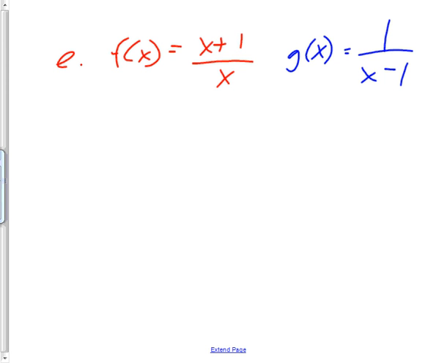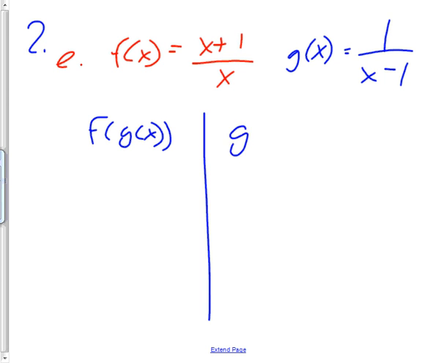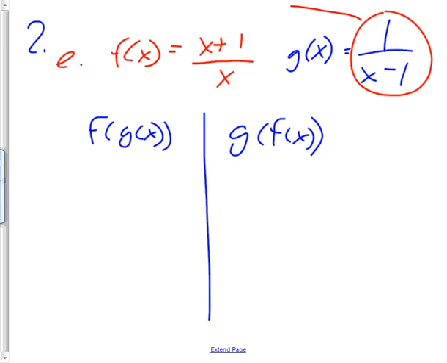Anyway, I'm helping you with E. f of g of x. This is 2e. f of g of x, I got to do that, and then I got to do g of f of x. And g goes into the f function, so this needs to go into this in 2 spots. Notice there's 2 x's.